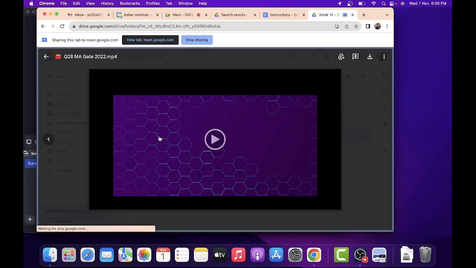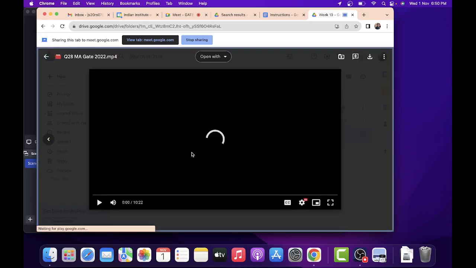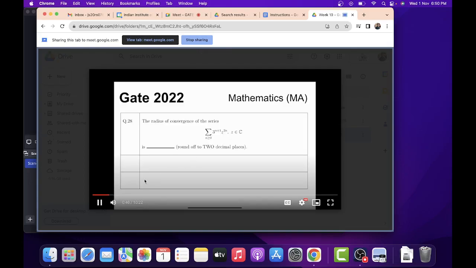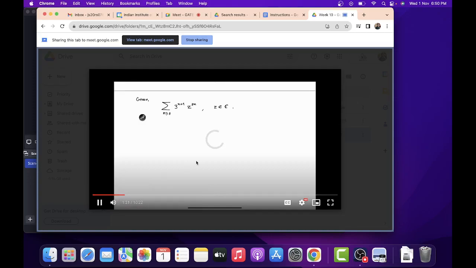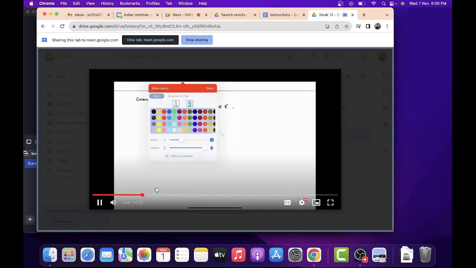And question number 28 is just, you have to find the radius of convergence. Yes, that formula for radius of convergence, it is basically that you know the root test for series, right? Just use the root test for series, you will get this formula.